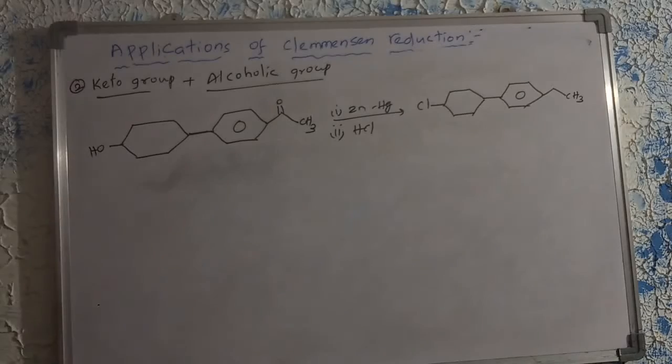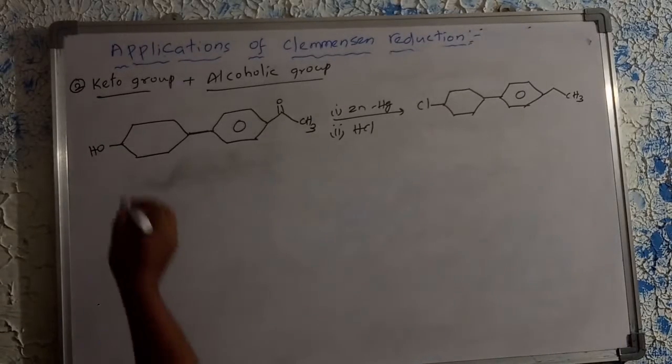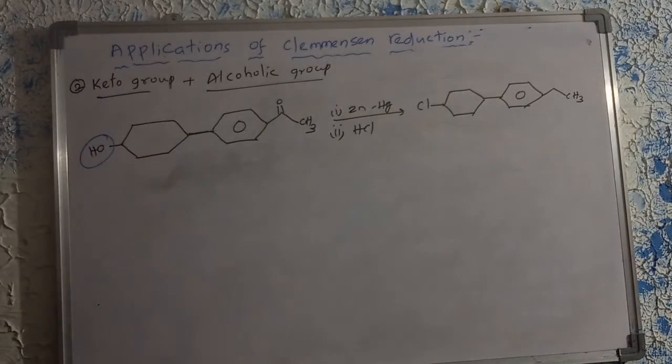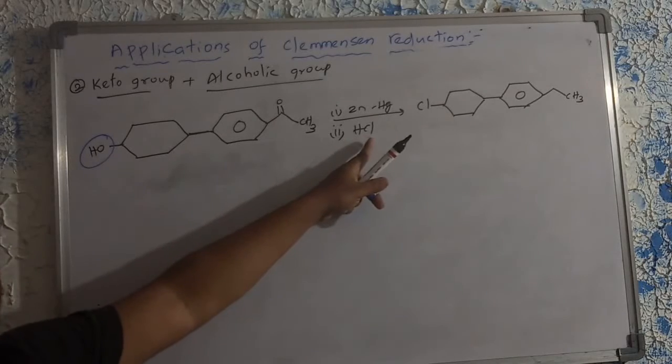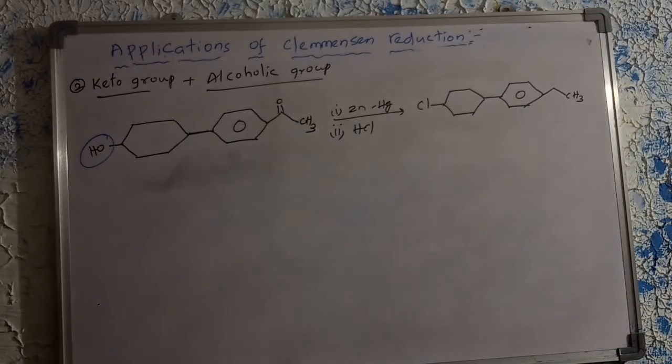So in this reaction, the OH group is substituted by chlorine. The OH group is substituted by Cl.